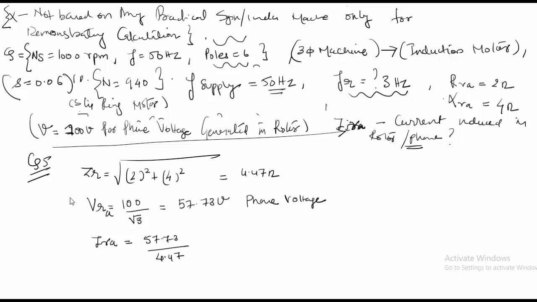This comes close to 12.91 amperes. So this is the current induced per phase.